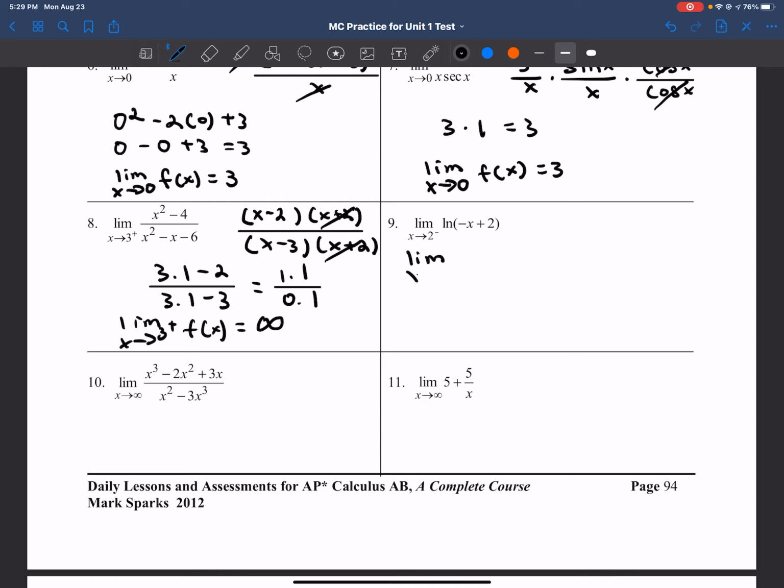So as limit of x approaches 2 from the left side, ln of, so if it's 2, we just plug in something that's smaller than 2, so 1.9 would work, and then we add 2, that gives you 0.1, and limit of x approaches 2 from the left side would be ln of 0.1, which is infinity, since it's a positive value.